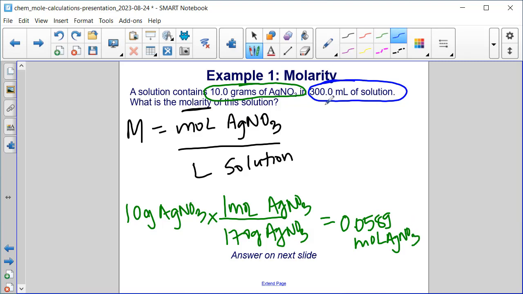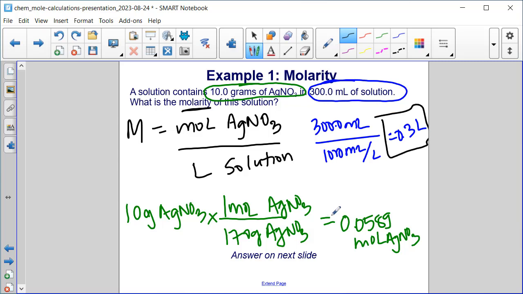And then the liters of solution: if we have 300 milliliters, there are 1,000 milliliters per liter. That'll give us 0.3 liters. So we're going to take these two values into the next slide to get our final answer.